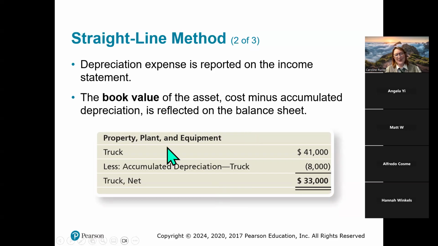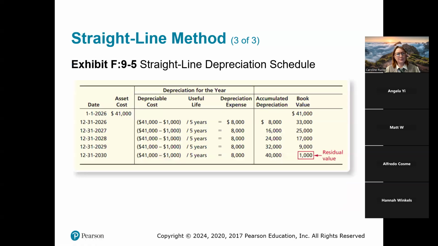But here is what it looks like on the income statement. Under your property, plant, and equipment, you've got your truck, less the accumulated depreciation, which gives you the net value of that truck. This is a straight line depreciation schedule. So every year you are going to recognize another $8,000 of depreciation expense until your accumulated depreciation is $40,000.